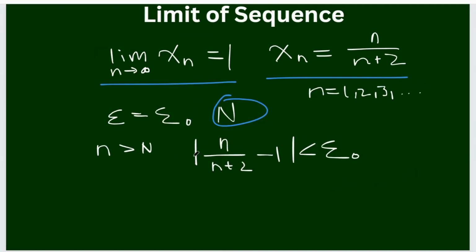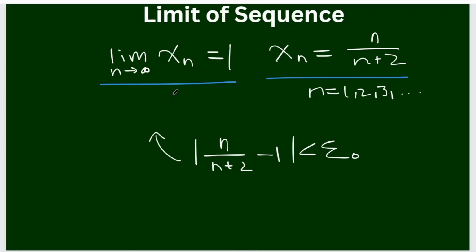Well, we actually solve this inequality. We can write it as n over n plus 2 being greater than 1 minus epsilon 0, and smaller than 1 plus epsilon 0.